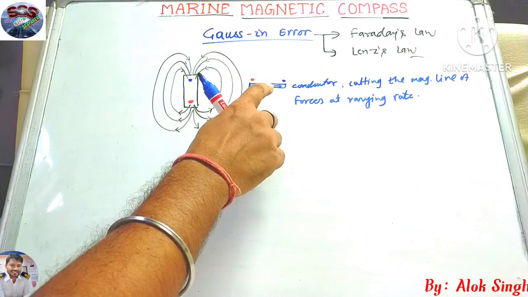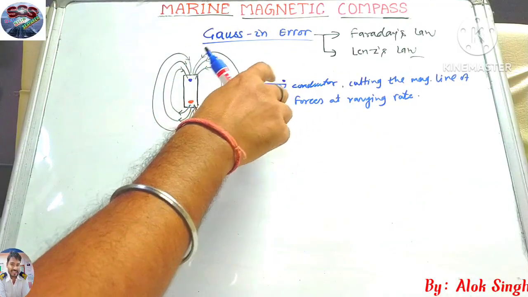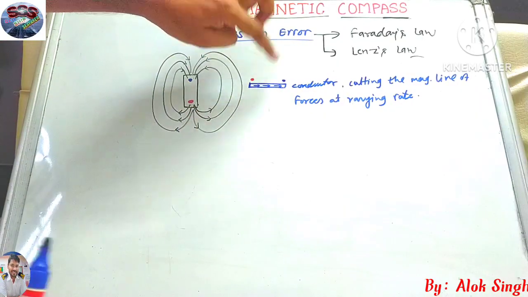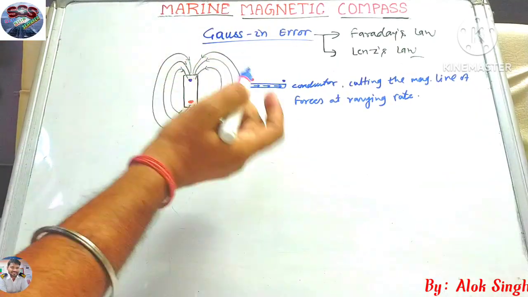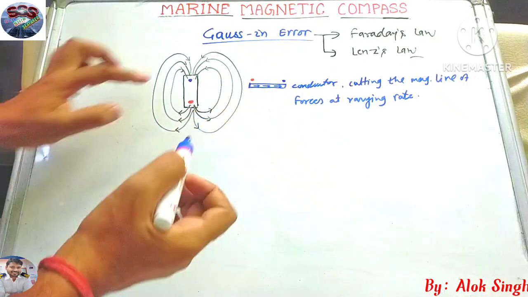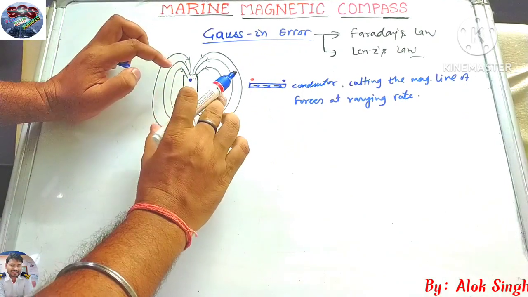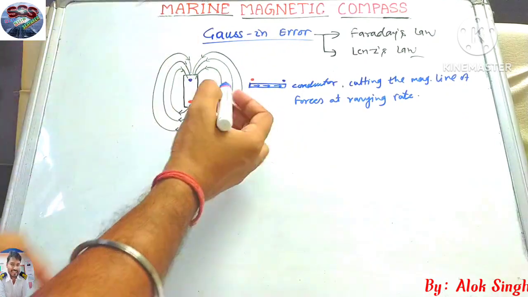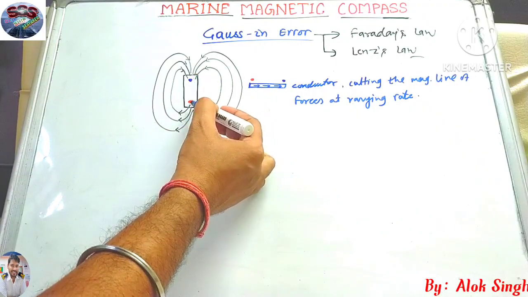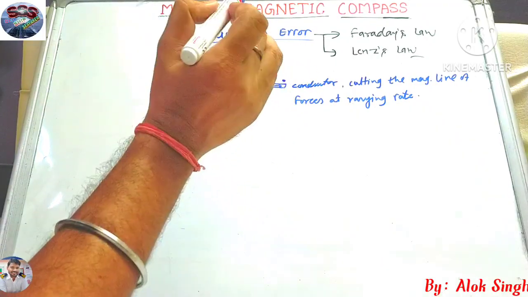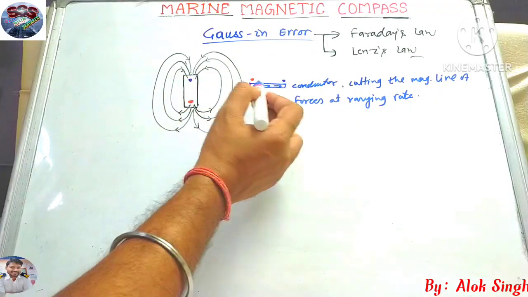That current causes a magnetic field, but that magnetic field will be opposite. Suppose this was the blue pole and this the red pole, the magnetic field created here will be opposite to that field.